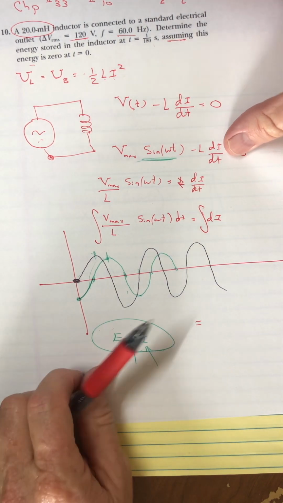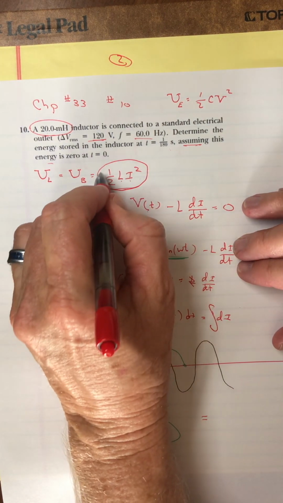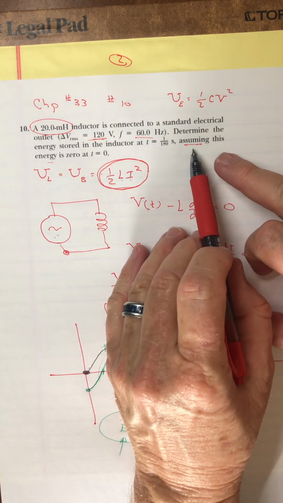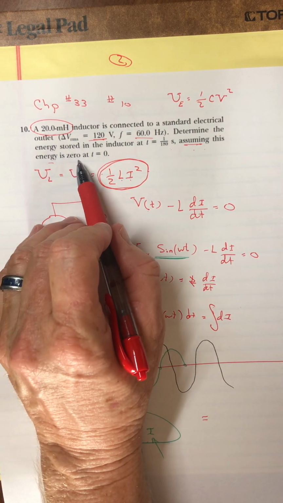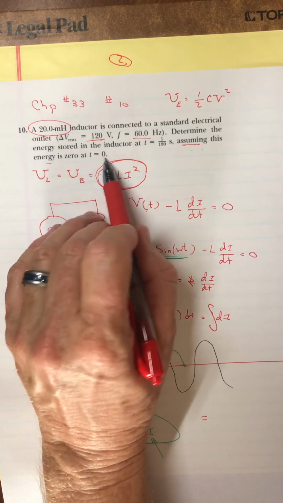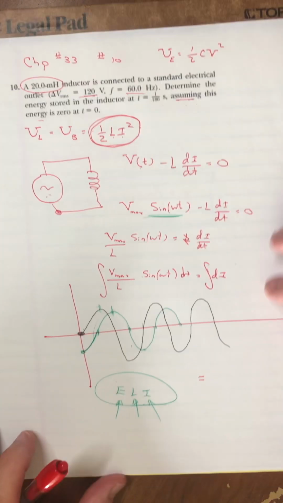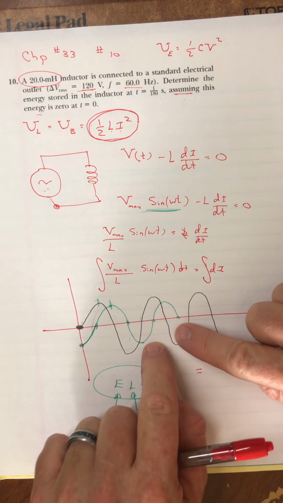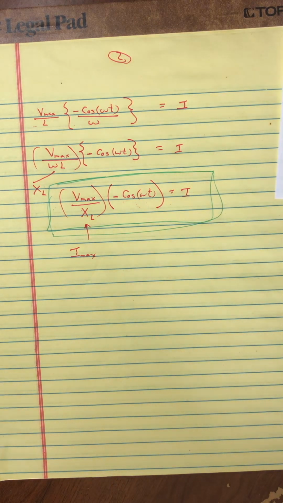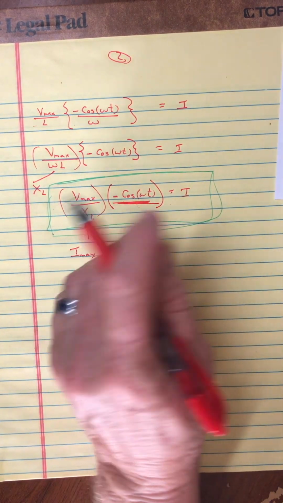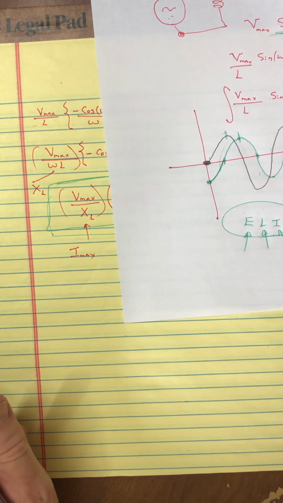So when I give that some deeper thought, if they say to assume that the energy is 0 at time equals 0, and since the energy has to do with current, then in this particular problem, if we look at the current graph, which is in green, we need it to be 0 when time is equal to 0. That's why this negative cosine function, this green one here, will not work, even though that's what I derived.